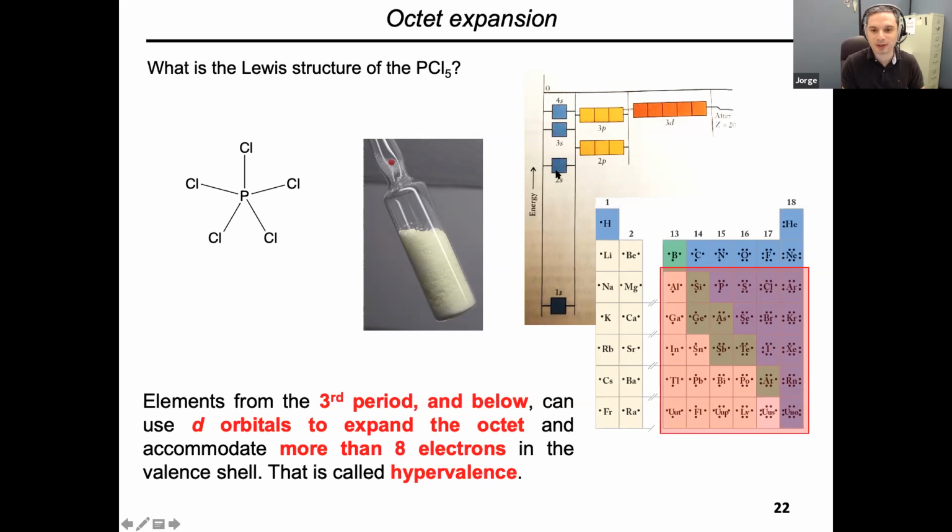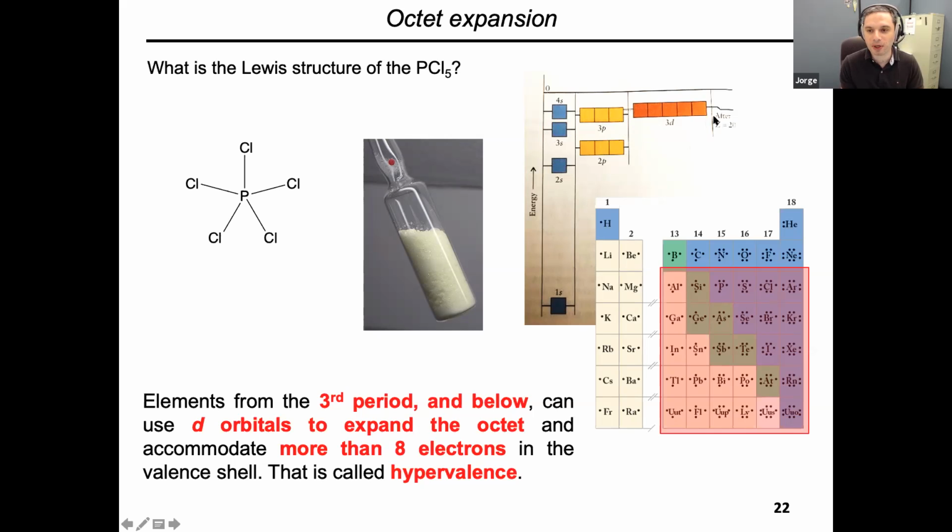After that, we start to fill the 2s orbitals, followed by the 2p. So here we are at the second period of the periodic table. When we move on to the third period of the periodic table and start to fill up the 3s orbital, the next one to be filled is the 3p.